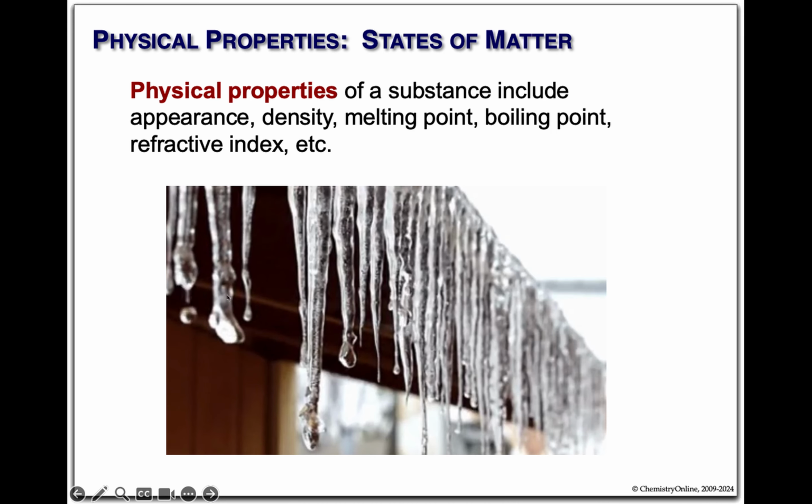As they melt, they form droplets of liquid water. So we have ice, which is solid. This is liquid. And filling the air around it is water in the vapor phase. So all three exist. Physical properties include appearance, density, melting point, boiling point, refractive index, whatever.